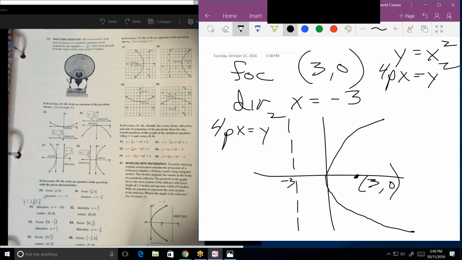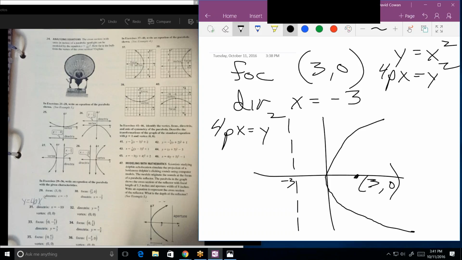It's real simple. That's one of the reasons they use this and not the one that has the a, because if you use this one, your answer is usually a one-step answer in a lot of cases. So what's p? That's going to be 3. Positive or negative? Positive.